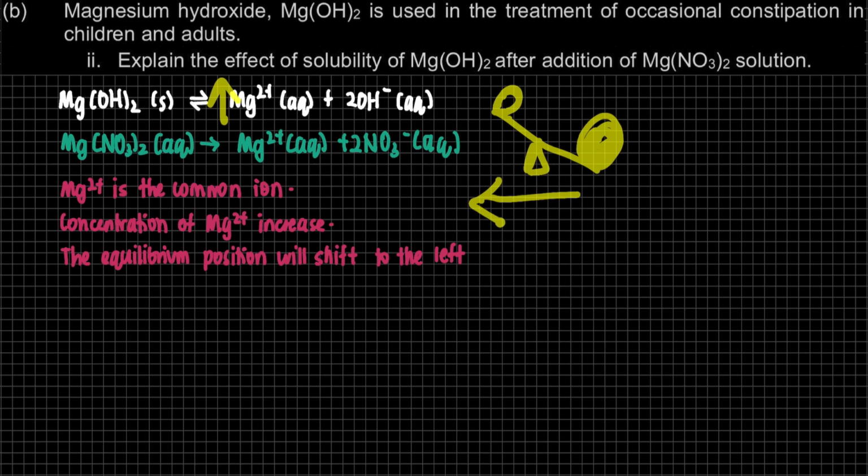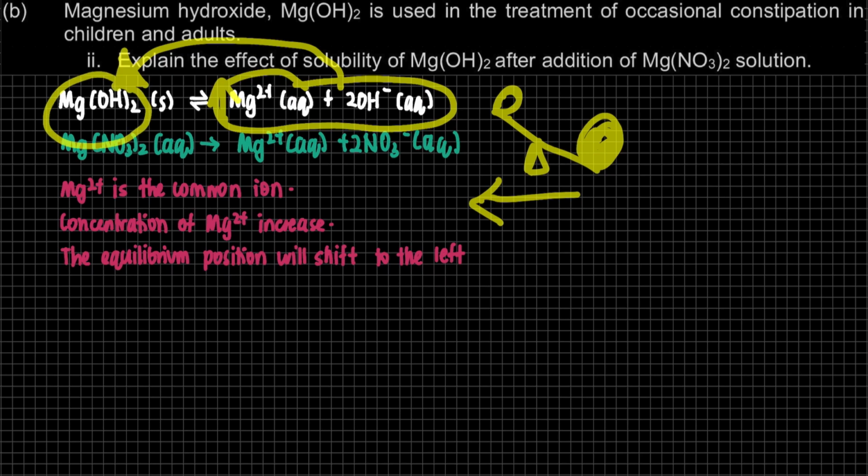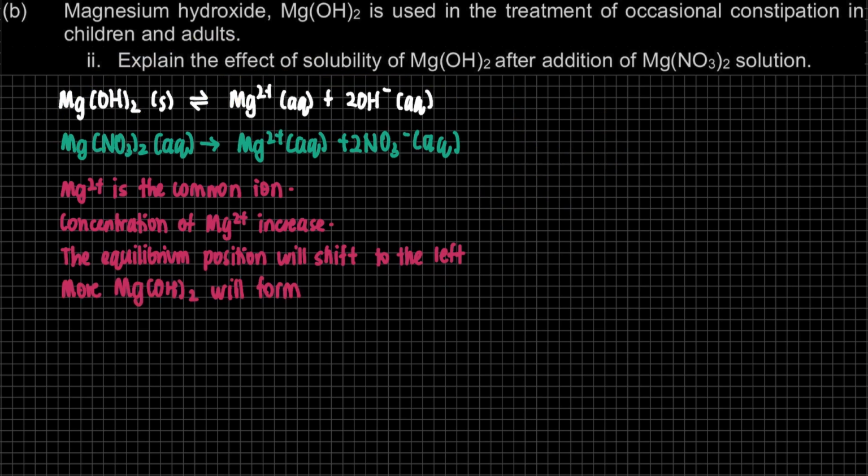So what does it mean by shifting to the left? It means our Mg2+ and OH- prefer to form the Mg(OH)2 solid. So we have to write down that Mg(OH)2 will form. More of our solid will form. When more Mg(OH)2 forms, then we can explain the effect on solubility. Solubility means ketelarutan.